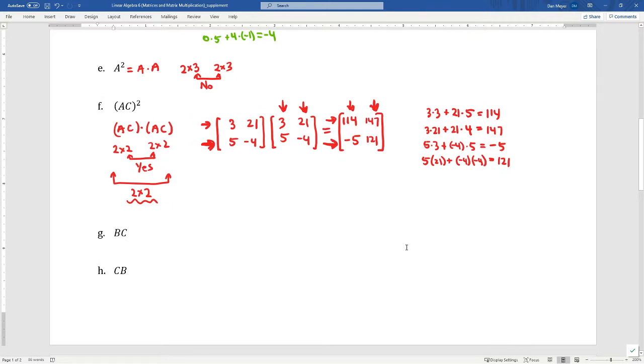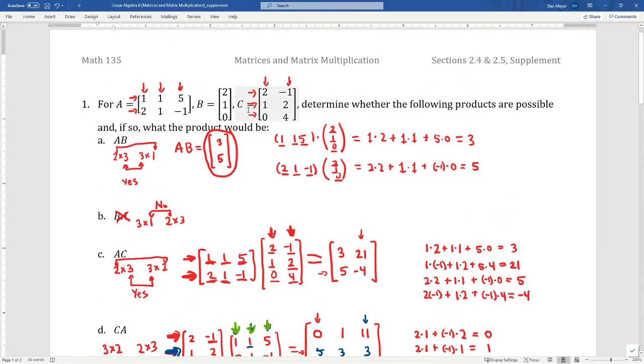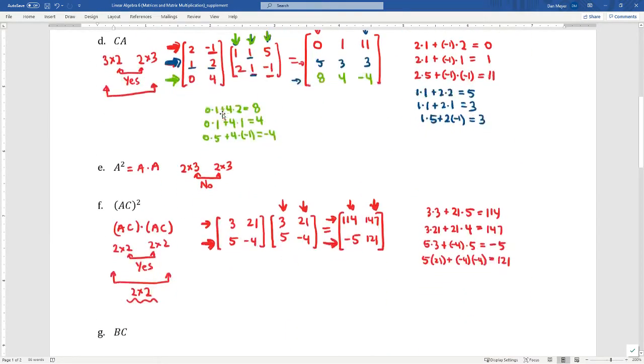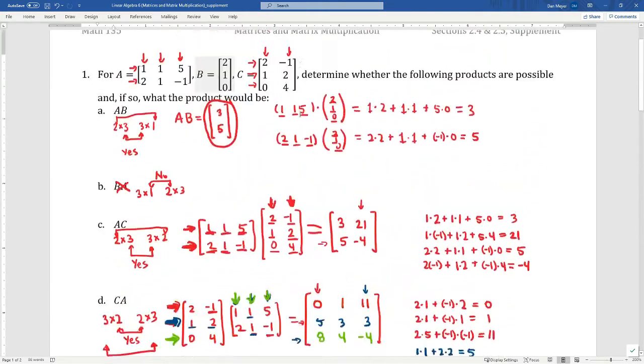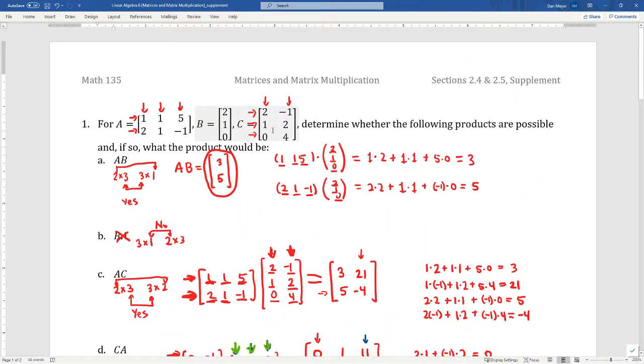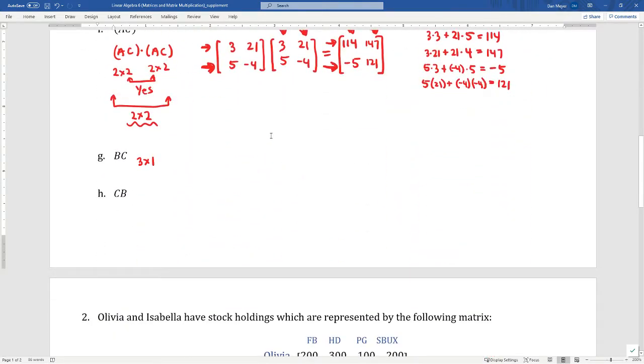All right, two last ones to think about, BC and CB. Let's see, B was a 3 by 1, 3 rows and 1 column. And C was a 3 by 2, 3 rows and 2 columns. And since our middle dimensions don't match, we can't do that multiplication.